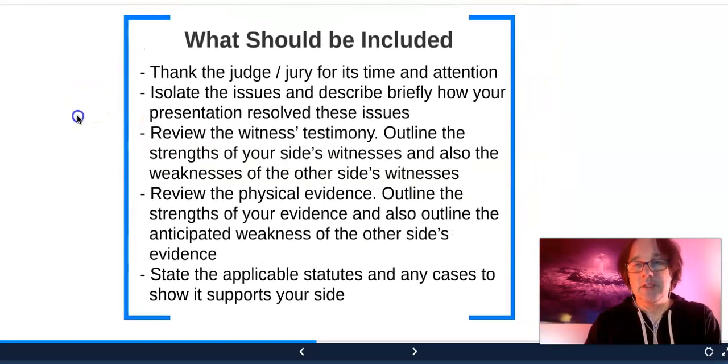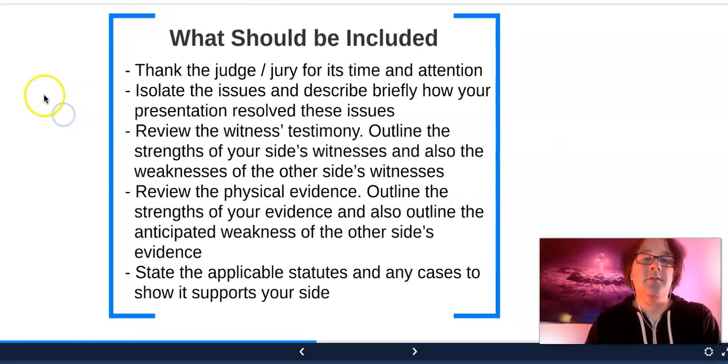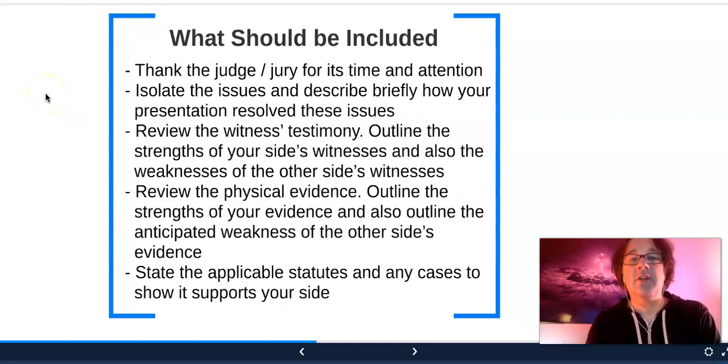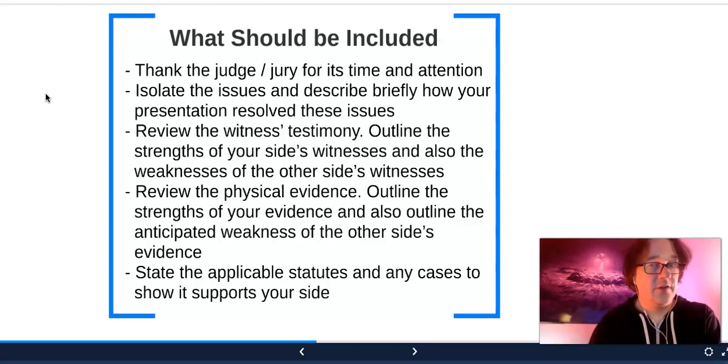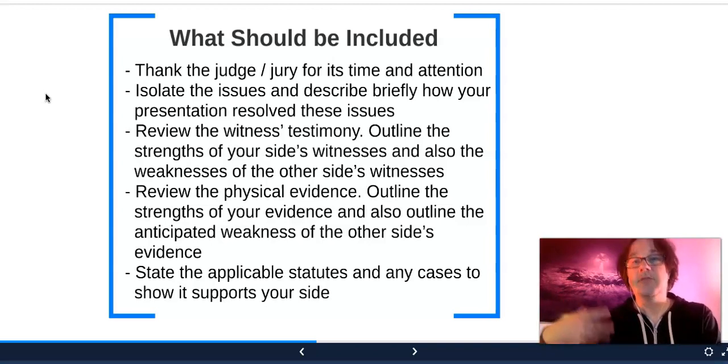So what should be included in closing statements? Well, thank the judge and the jury for its time and for its attention. Isolate the issues and describe briefly how your presentation resolved those issues. So your presentation meaning the evidence that you presented. Also review the witness's testimony, outline the strengths of your side's witnesses, and also outline the weaknesses of the other side's witnesses.